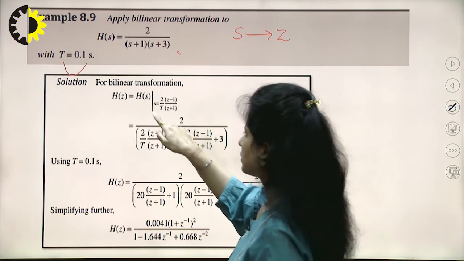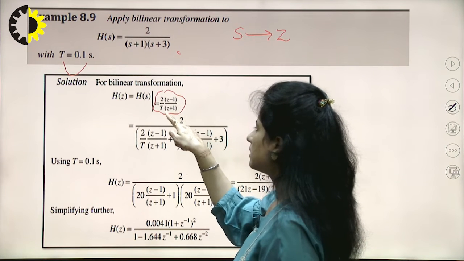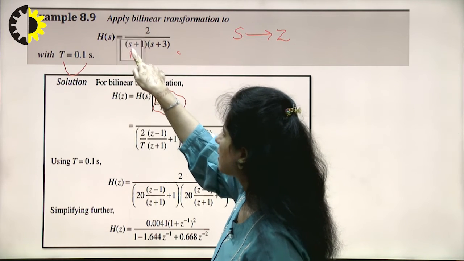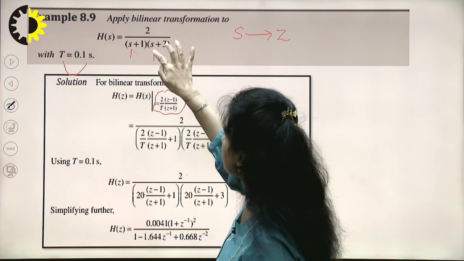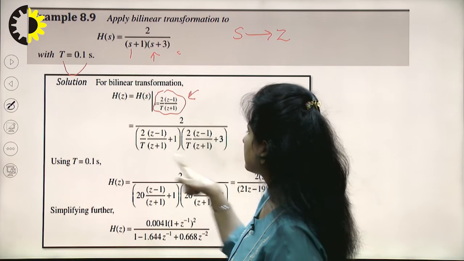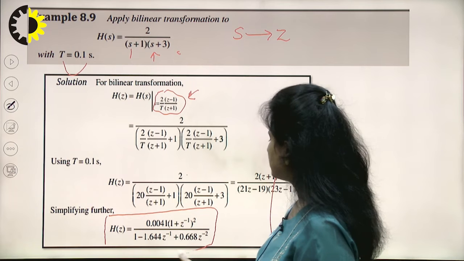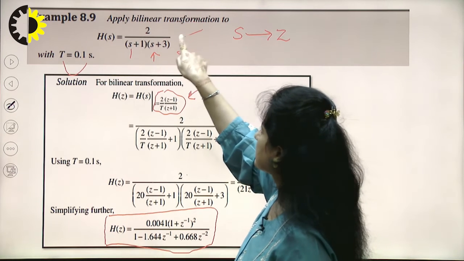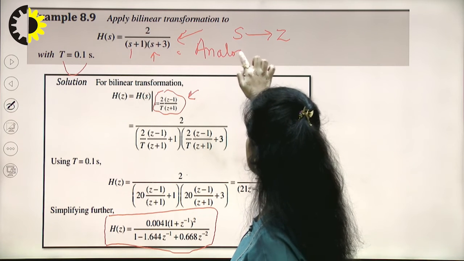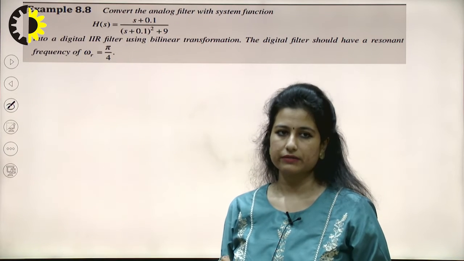I know that S is equal to 2 by T times (Z minus 1) divided by (Z plus 1). Wherever I find S in my analog domain, I simply substitute this relationship and simplify to obtain a similar transfer function in the digital domain, representing the same transfer function as in my analog domain. So this is far simpler as compared to my impulse invariant transformation.